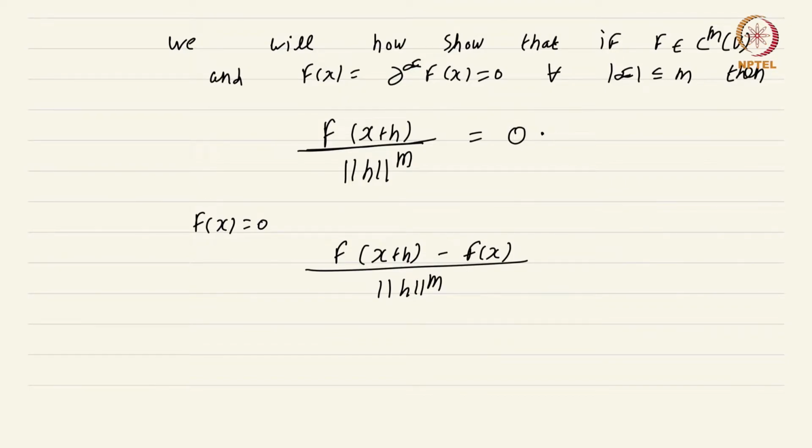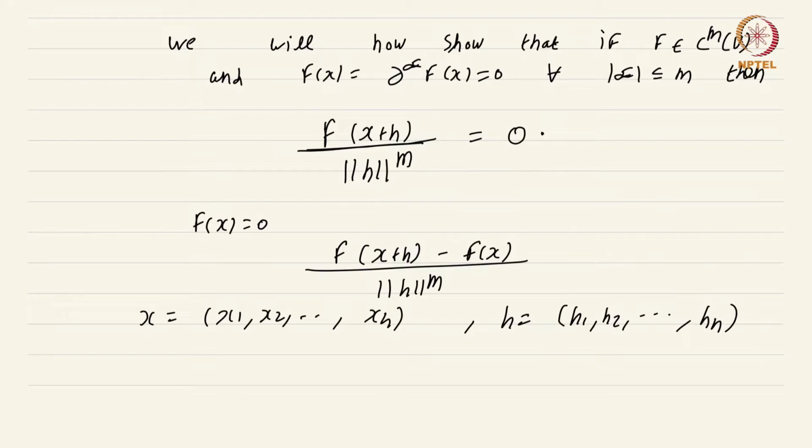Now what we are going to do is write x as x1, x2, up to xn and h as h1, h2, up to hn. Okay, the numerator is just then f of x1 plus h1, up to xn plus hn, minus f of x1 up to xn.